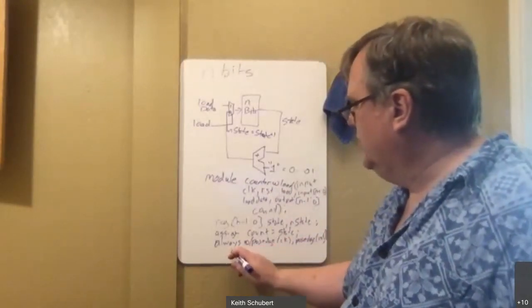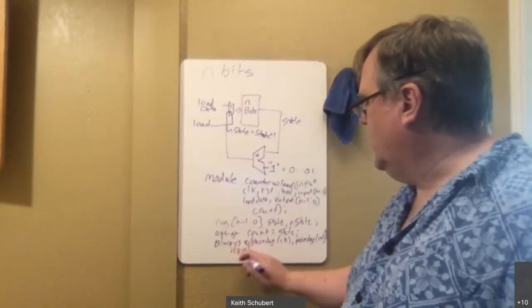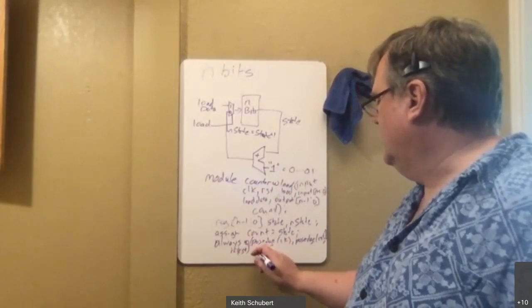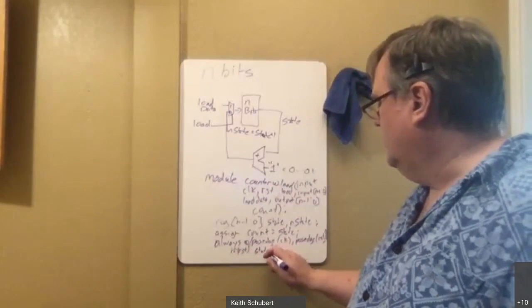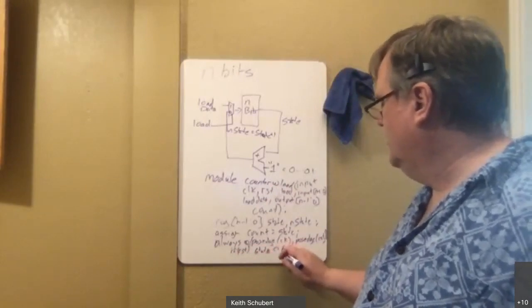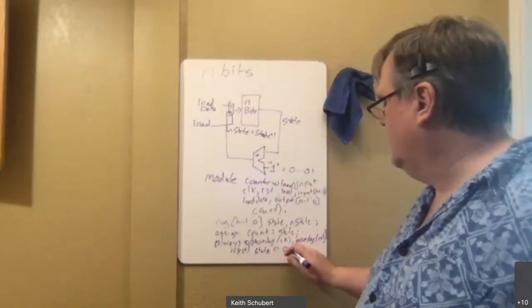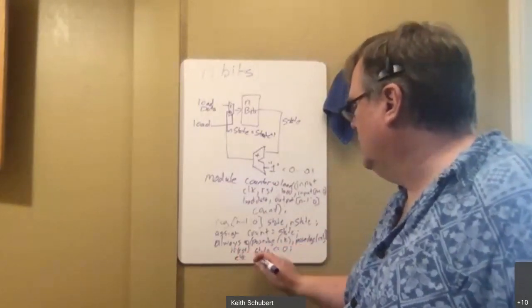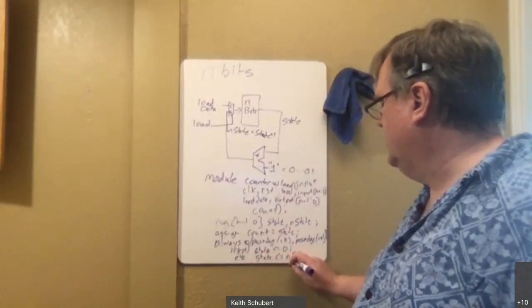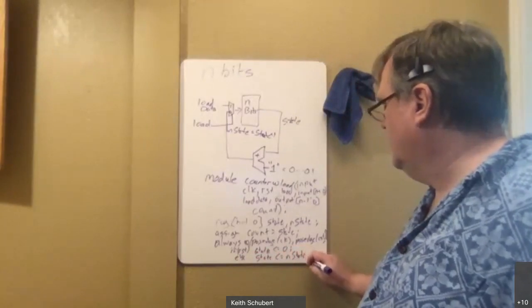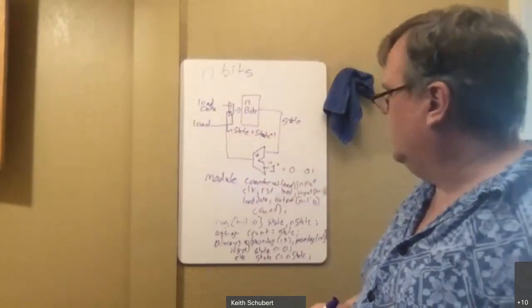I would just see if reset is high, then state gets a 0. Else state gets next state. That essentially just does this kind of a hookup.